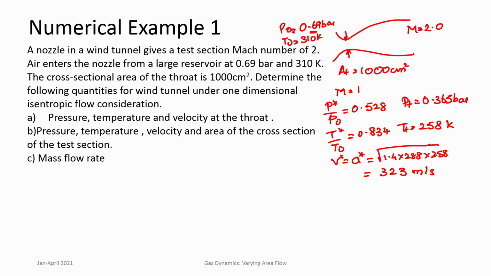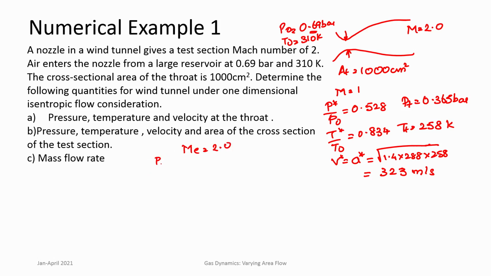This is the value. Now, we go to what should be the pressure, temperature, velocity at the exit. So, it is an isentropic flow, completely an isentropic flow. Mach number is 2 at the exit. So, ME is 2.0.